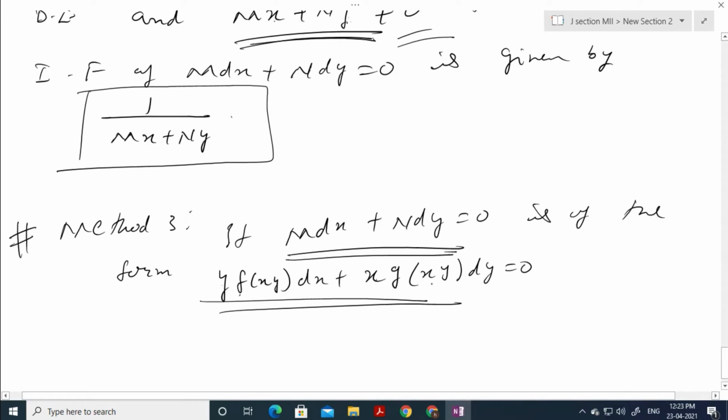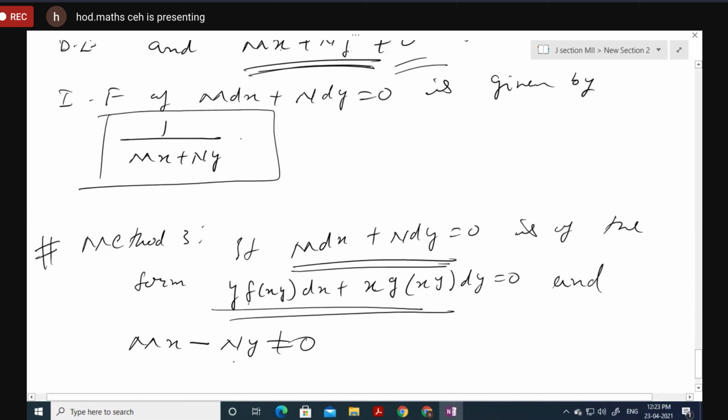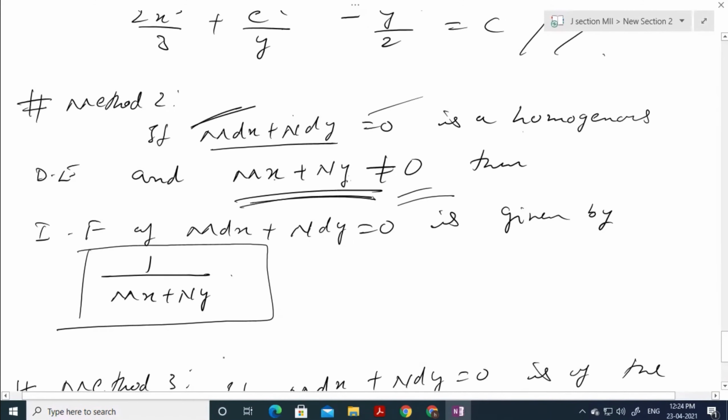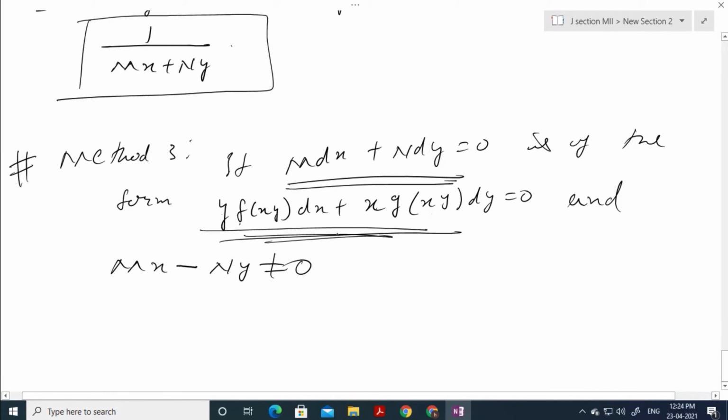So if the given equation is in this form and mx minus ny is not equal to 0. In the previous one, you checked it is homogeneous and mx plus ny not equal to 0. Here you check the given equation is in this particular form, and you calculate m into x, n into y, and subtract; this should not be equal to 0.